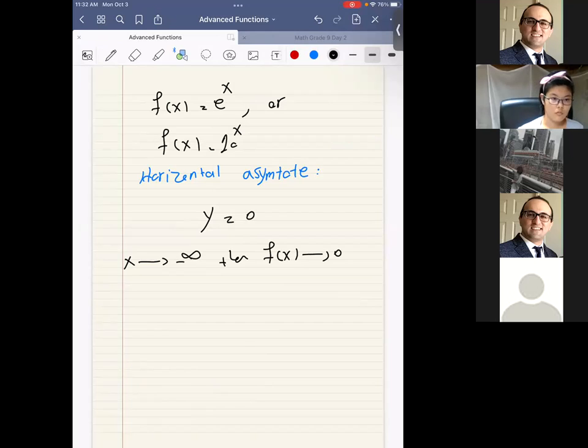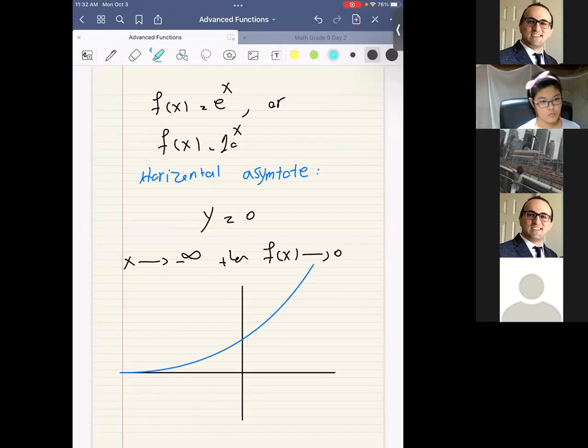And you remember the graph of these. Here is the horizontal asymptote. So y equal to 0 is a horizontal asymptote for e to the x or 10 to the x.